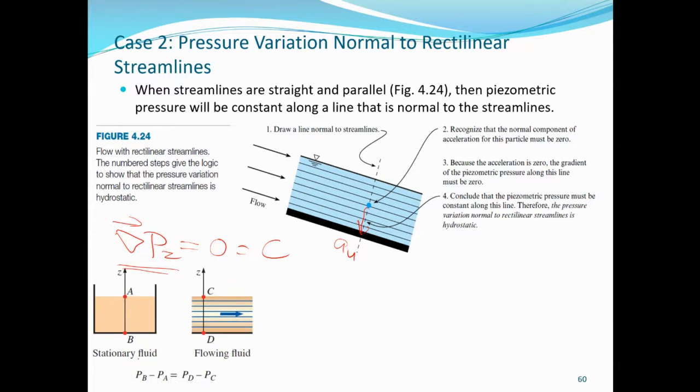Where the pressure difference here, for stationary fluid, the pressure PB minus PA is the pressure within the fluid. The same thing here, P is equal to PD minus PC, whether it is stationary or it is moving, it is the same.